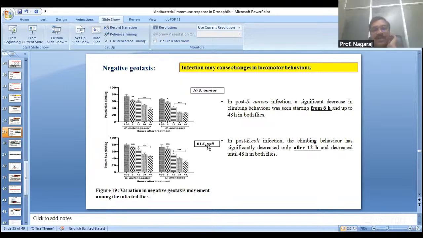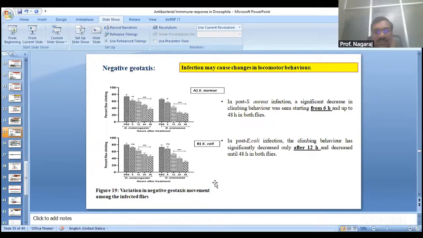So there is a variation in negative geotaxis movement. Basically, the fly moves upward in the vial or the bottle where you culture the flies, and the flies start climbing upwards, and this is counted in a specific time, in 1 minute or 2 minutes, whatever the time duration, to see whether it shows the negative geotaxis or not. So bacterial infection causes changes in this locomotor behavior.